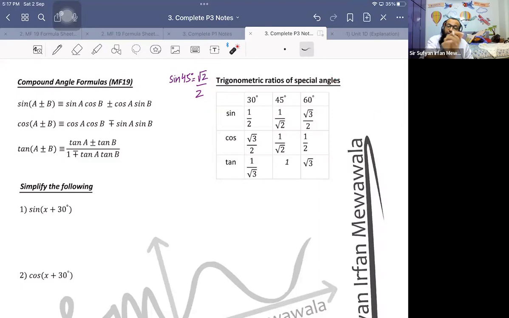So whenever the word exact is written, always remember, even in AS, in circular measure or in different topics, whenever the examiner wrote the word exact, you were guided not to use a calculator in such questions. Work manually as much as possible, but do not convert into decimals. So even over here, whenever you are told to give the exact answers, you should not convert into decimals. We have to work in exact terms.